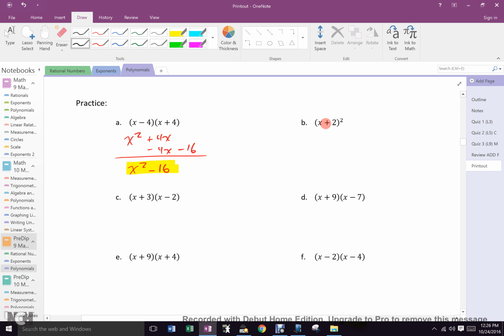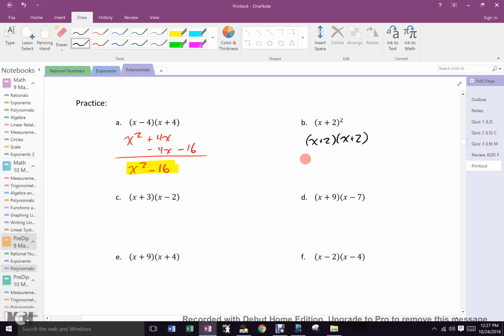Now look at this. This looks different. You haven't seen anything that looks like this before. But you have seen exponents. What is the base here? x plus 2. Right? What does squaring mean? You use the base how many times? Twice. So this must be x plus 2 times x plus 2, yes?